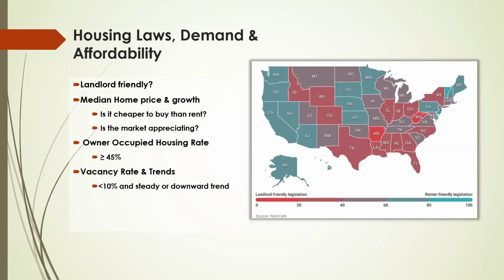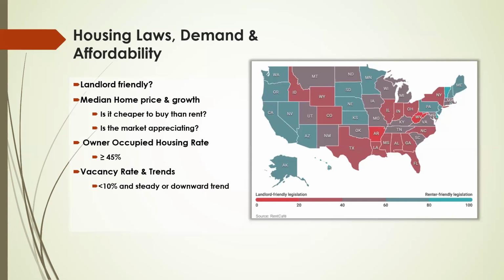If you're looking into a market where they're historically at, let's just say 80% occupancy, that means there's a fair number of units in the community that are vacant, and you end up having a lot of property owners making concessions, trying to get people to rent their units.